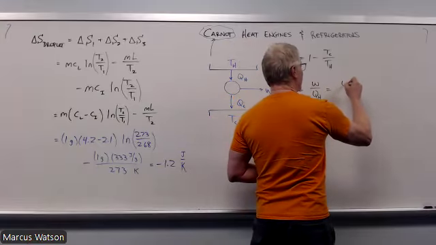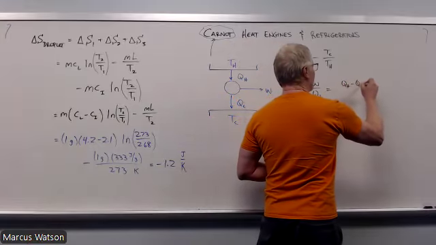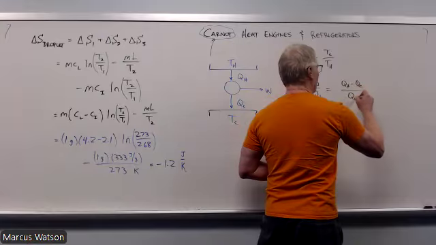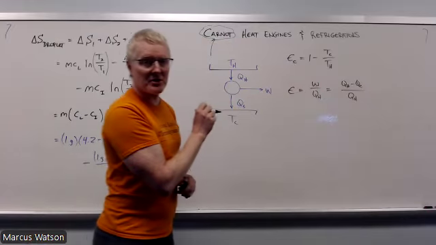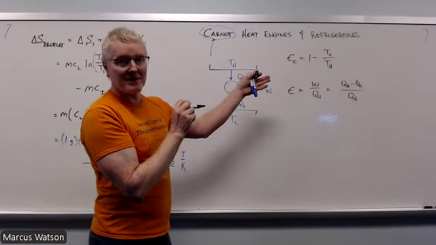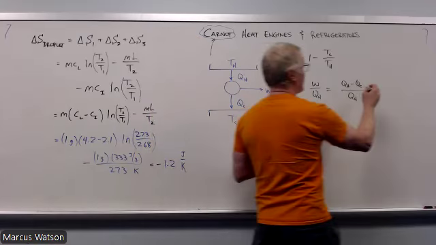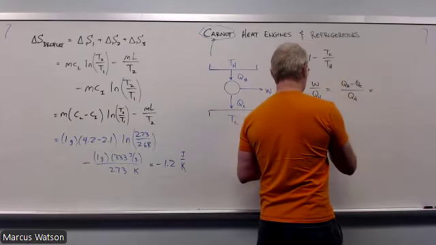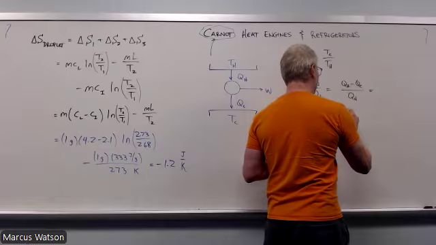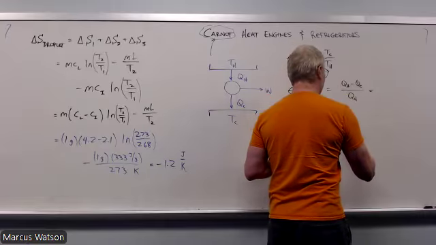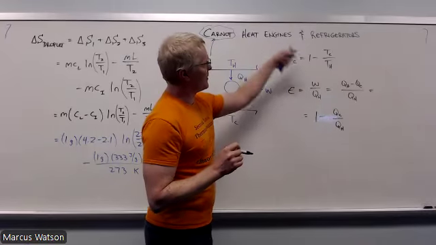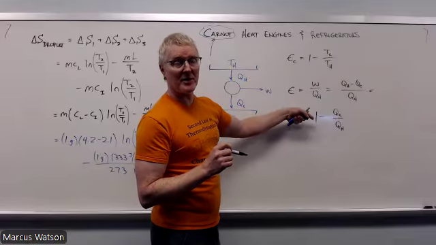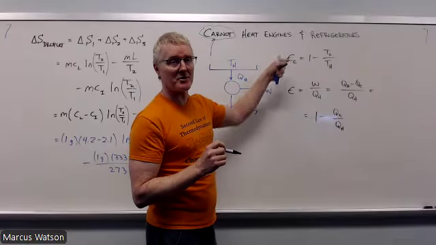And we came to the idea that by the first law of energy conservation, we could write it this way. And then we could write it with the ratio of the heats. Okay. And from there, we went to the Carnot and said that the ratio of the heats is the same as the ratio of the temperatures.